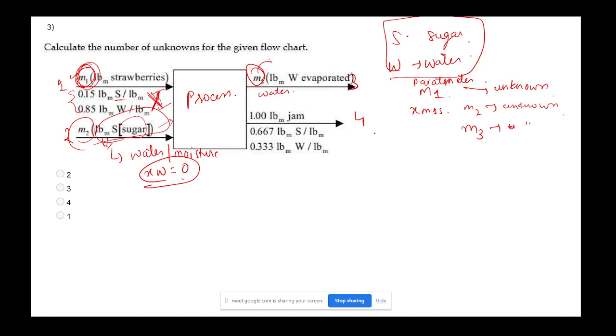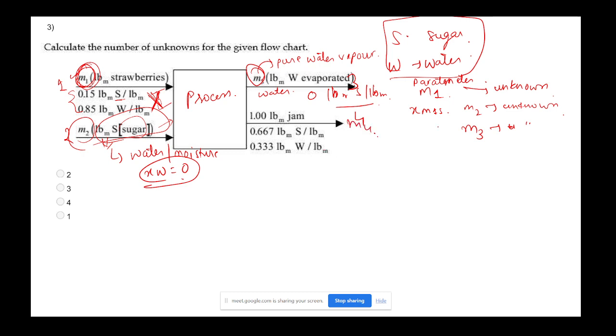So M3 is pure water vapor and it does not have sugar. So mole fraction of sugar is 0 for this M3. However, it is entirely water.